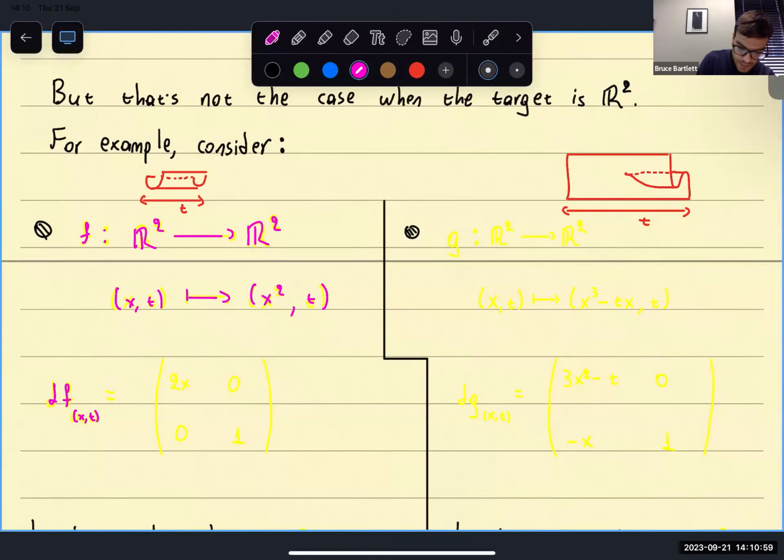I can think of this map as being composed of two maps corresponding to the two coordinates in the target, f_1 and f_2. Here I'll take the partial derivatives of f_1 with respect to x and t. That gives me 2x and 0. And here I'll take the partial derivatives of f_2 with respect to x and t. That gives me 0 and 1.